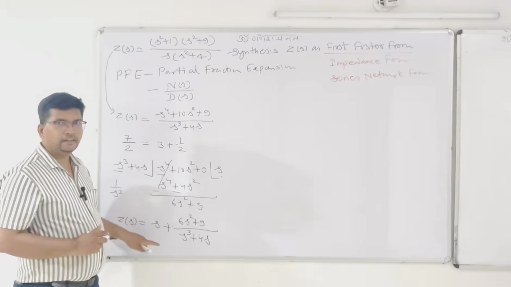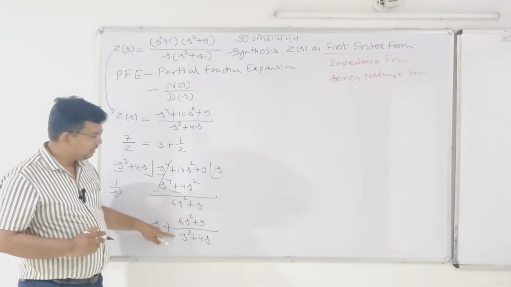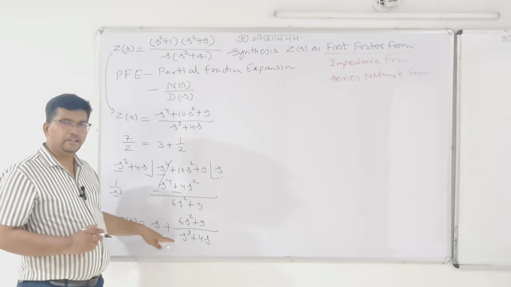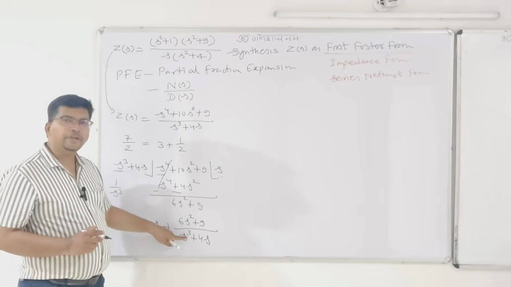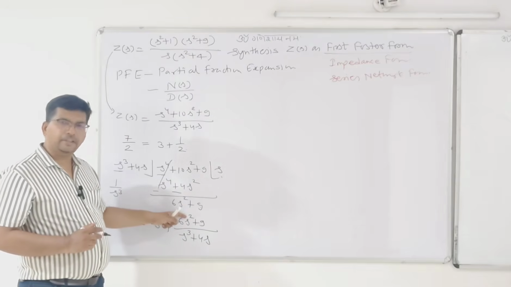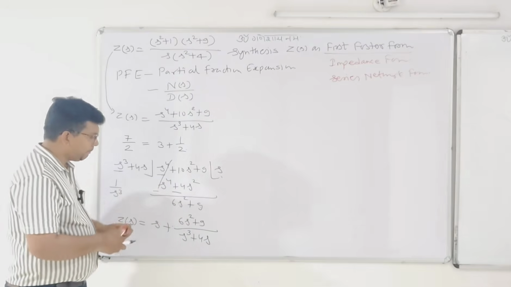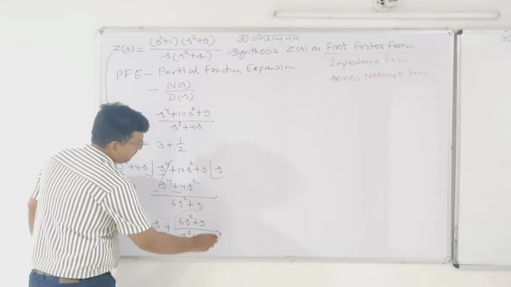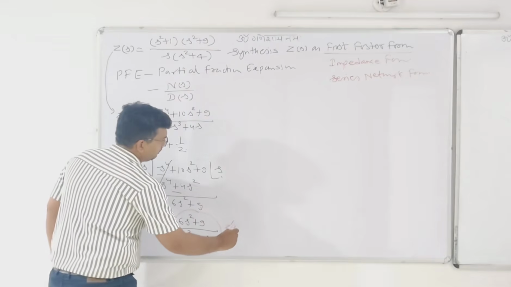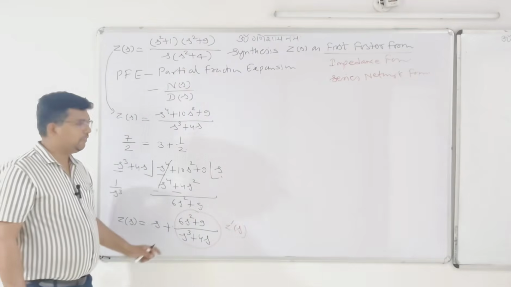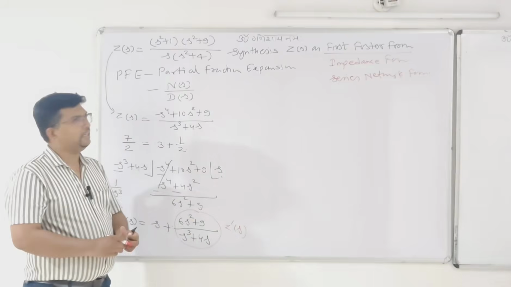Now after dividing that, we see that in this polynomial ratio the denominator power is greater than the numerator power, so we can't apply the partial fraction in this function. Suppose this function is Z'(s).